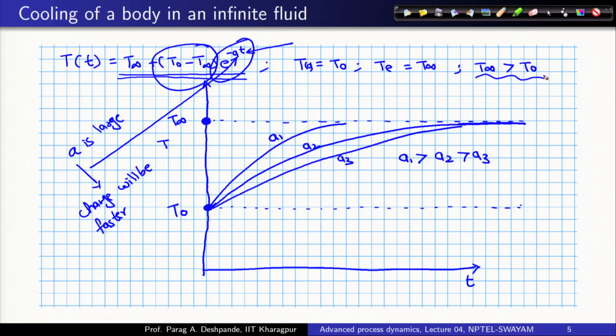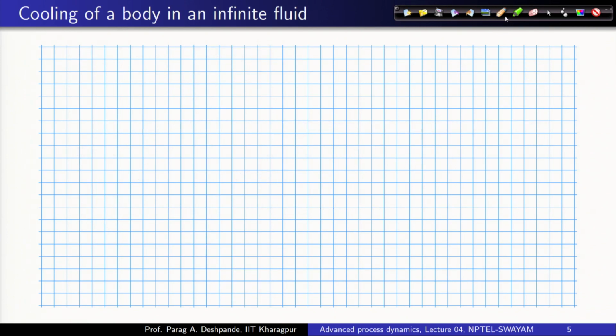Let us see if we can do this in a reverse manner. So, our new situation is like this, that you have T 0 is equal to T subscript 0, T equilibrium is equal to T infinity, and now T 0 is greater than T infinity.